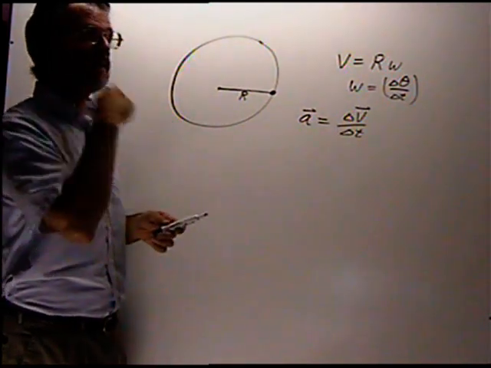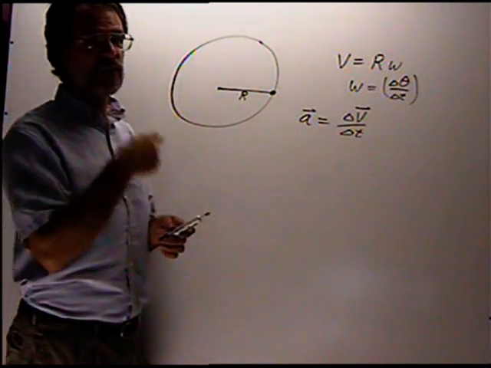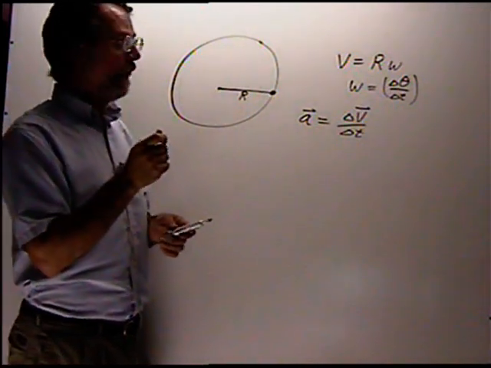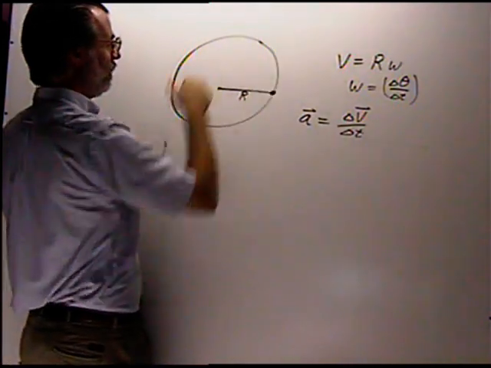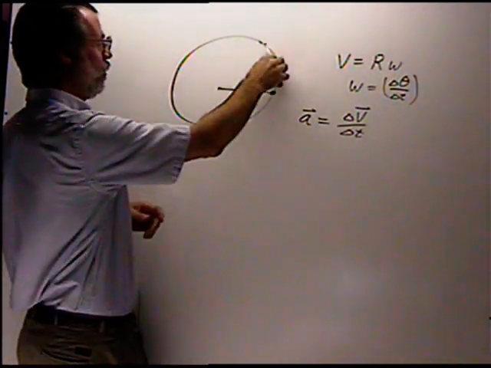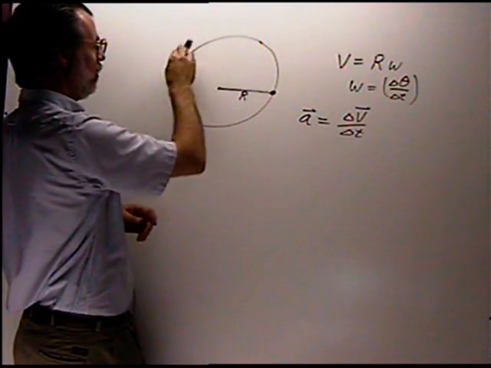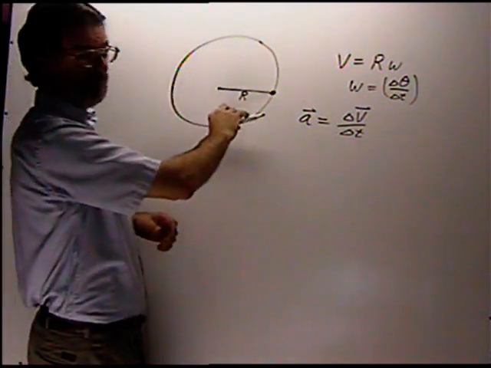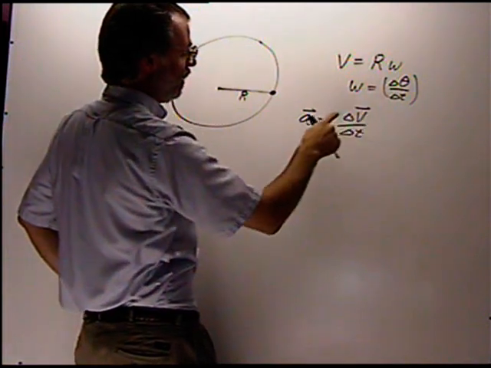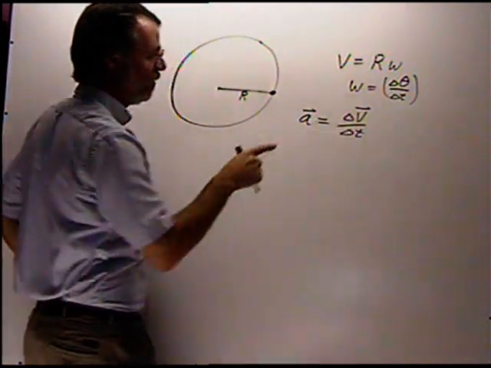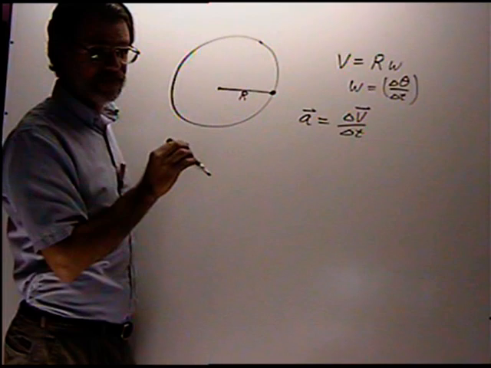Suppose we keep spinning it at a constant rate, that tangential velocity would not change. But what does change is the direction. At any given moment, this is changing direction, right? It's spinning around. Remember, this is a vector quantity. The vector quantity has to do with the magnitude, but also direction.